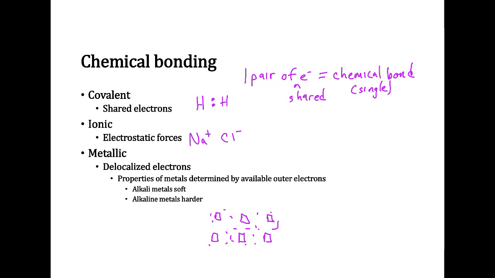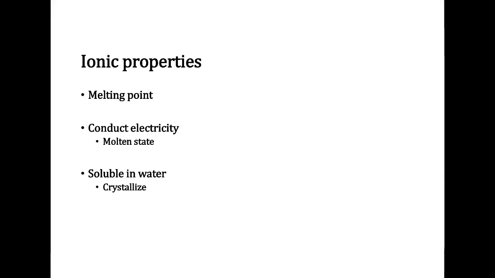So some of the properties that we want to look at are those of ionic compounds. Remember we said that the greater the difference in electronegativity, the stronger the bond is. Well, ionic compounds have extremely large differences in electronegativity, so they have extremely strong interactions.